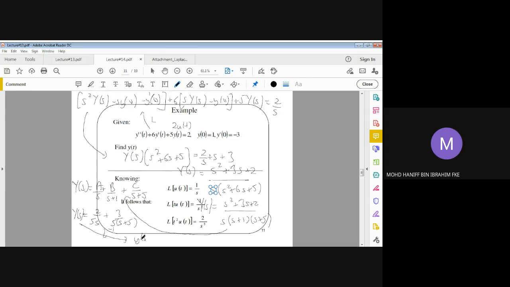So you're going to have y(t) equal to 2 over 5 of u(t) plus 3 over 5. Since we have s plus 5 here, this involves frequency shifting. So we're going to have exponential of negative 5t times u(t), with the 3 over 5. So that should be your y(t).